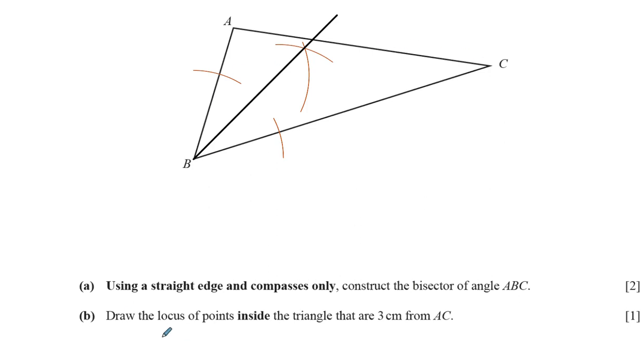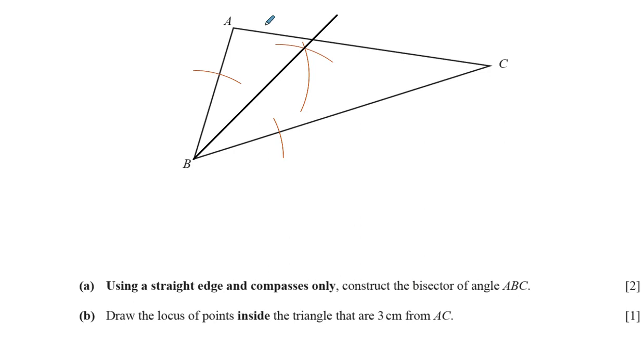Now, the locus of points which are equally distant from a straight line, all the possible positions. First of all, what does the word locus mean? Let's just go back to the basics. The word locus is the singular of the word loci. The locus of points of a particular position are all the possible places it could be.